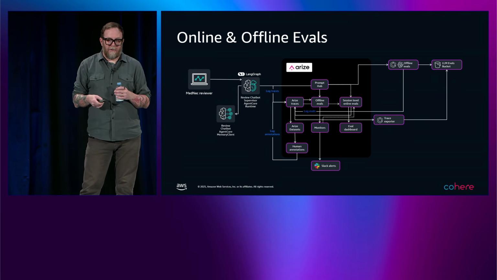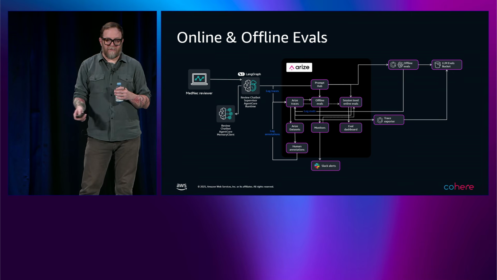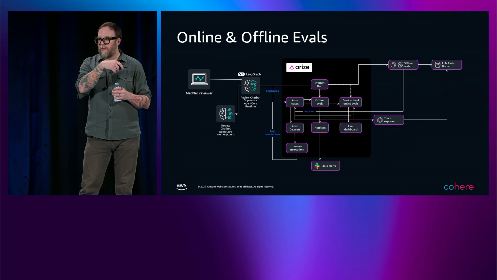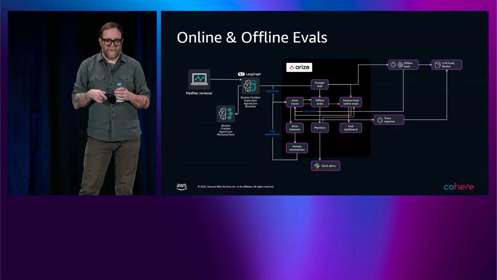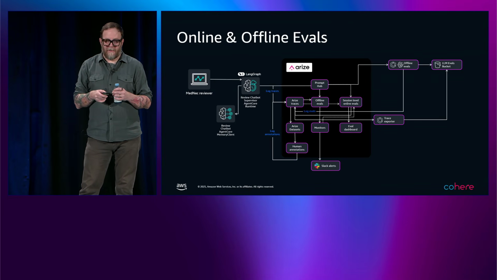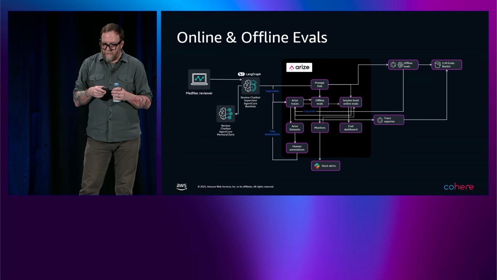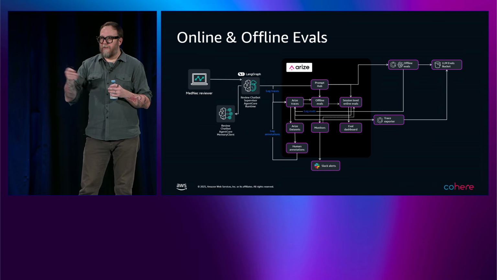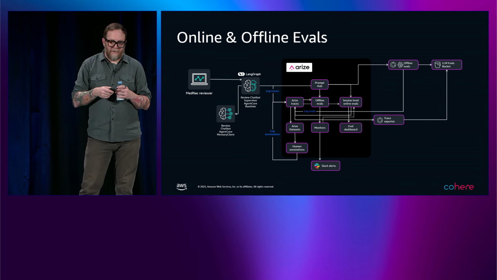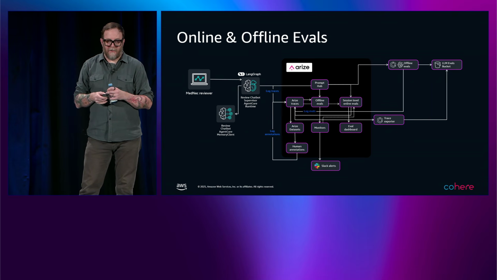We also hook into our offline evals here. We have clinicians on staff, doctors, nurses, subject matter experts. So we're able to have human annotators in the loop here, and that can all be fed into our offline evals process, where we're determining the effectiveness of a particular prompt, of a fine-tuned small language model, of the agentic system or the set of agentic calls as a whole.